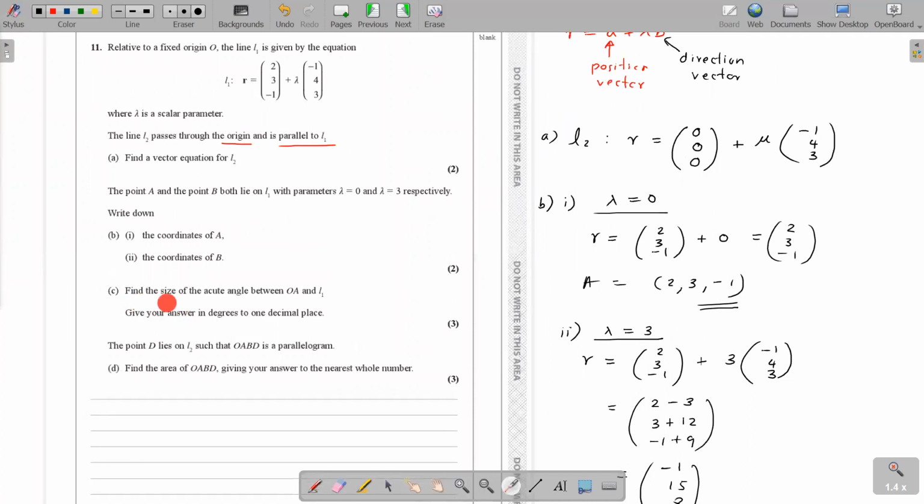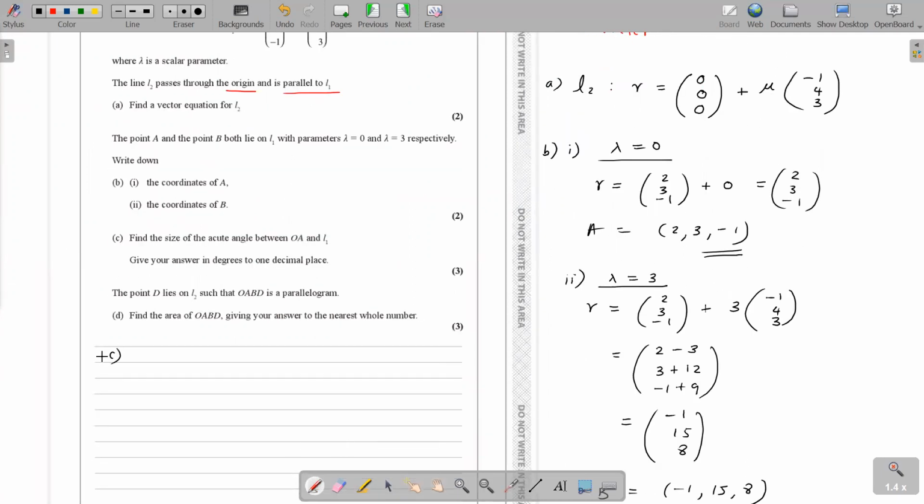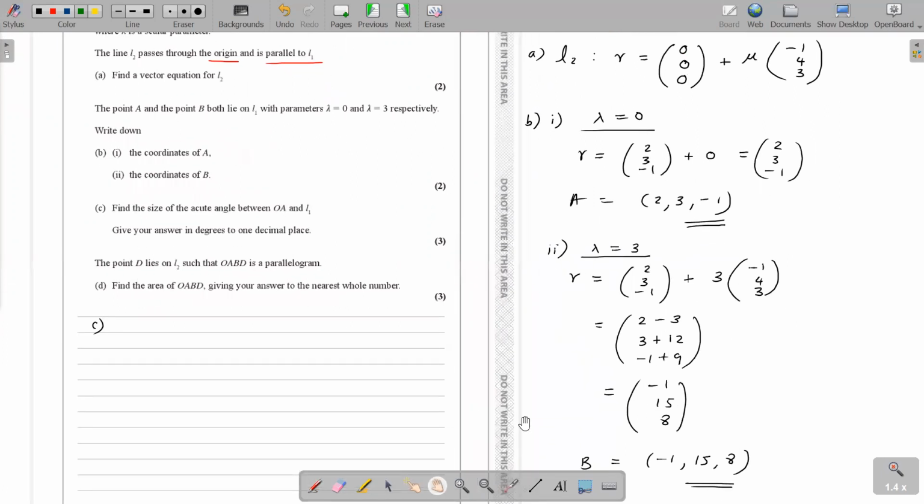Part C asks you to find the size of the acute angle between OA and L1.